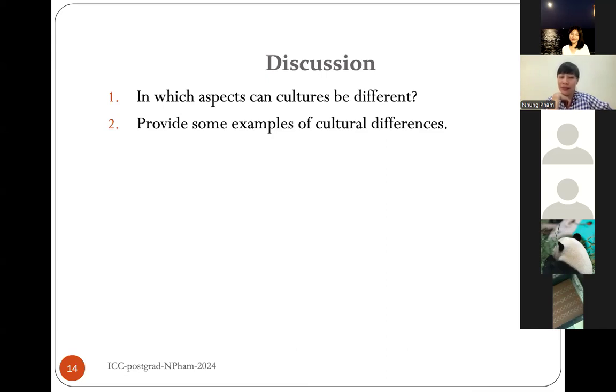What can be some other areas where we can see differences in culture? Just provide some examples if you can. For this activity, we are not going to discuss in groups, but I would like you to share your idea straightforwardly from the top of your head.